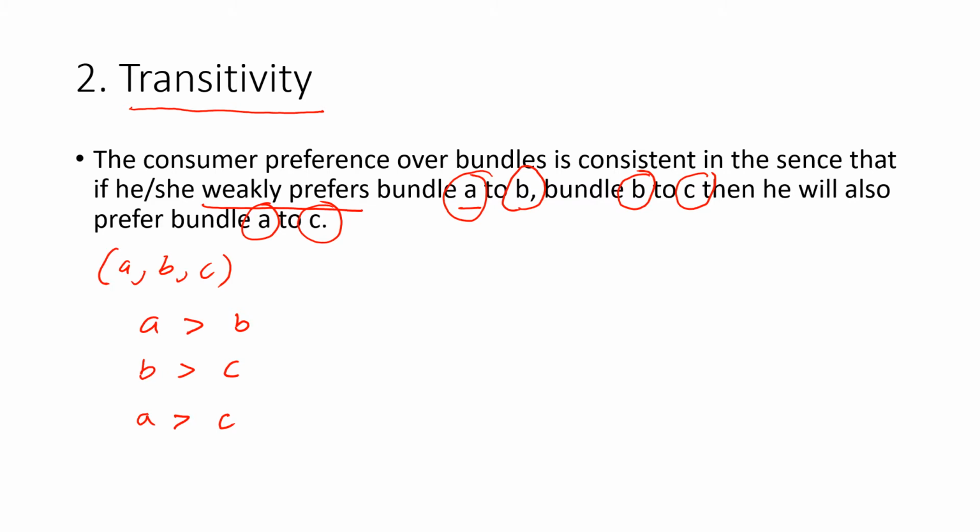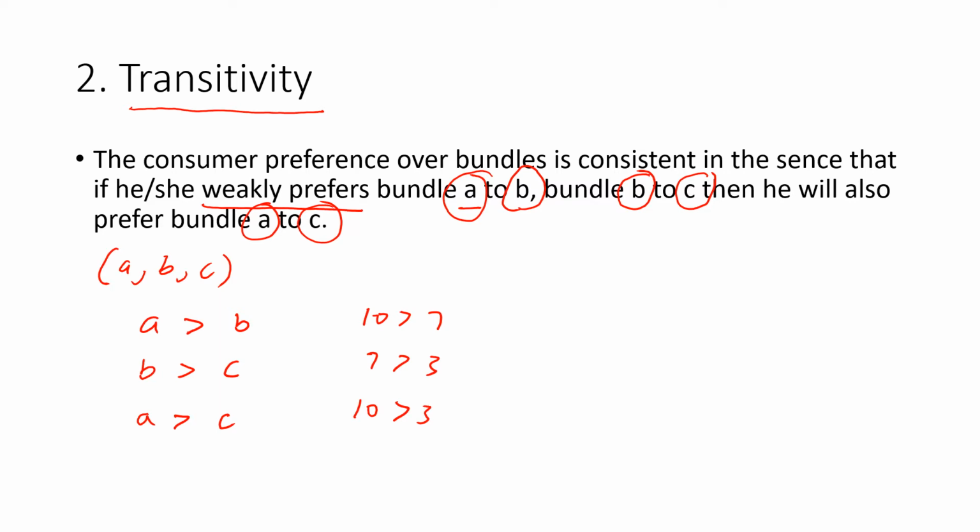This is exactly like if 10 is greater than 7 and 7 is greater than 3, then 10 is greater than 3. So it is understandable in this sense, but this transitivity property can be violated in certain cases.